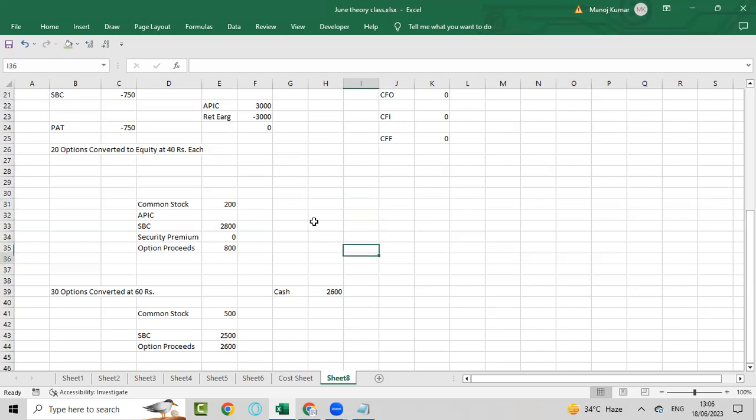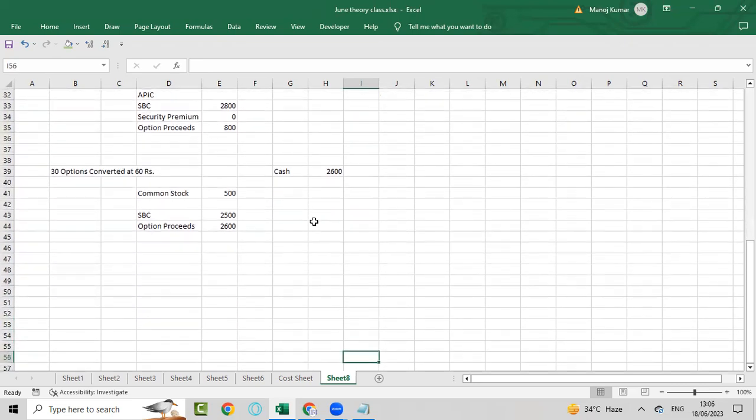I'll give you another homework, but not today, just to let you know. What we have discussed in class is the international format of financial statements. The Indian format is different. That is as per Schedule 3. Part 1 is the balance sheet and part 2 is the income statement. It is different.